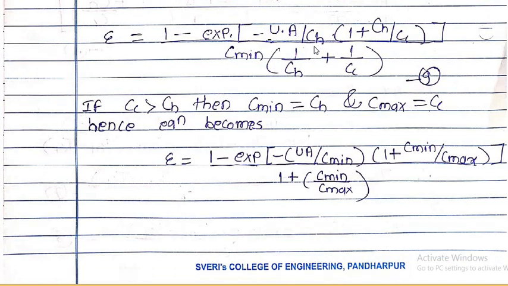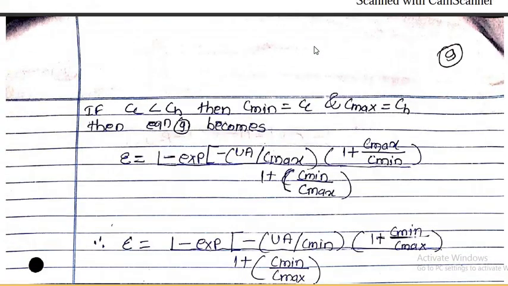So if you put the desired consideration in this equation, then the equation becomes eta is equal to 1 minus exponential into bracket minus into bracket U multiply by A divided by C max into bracket 1 plus C max divided by C minimum, divided by whole divided by 1 plus C minimum divided by C max, okay, as it is, because we have taken the C minimum.